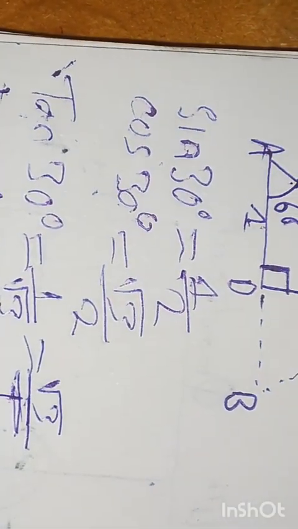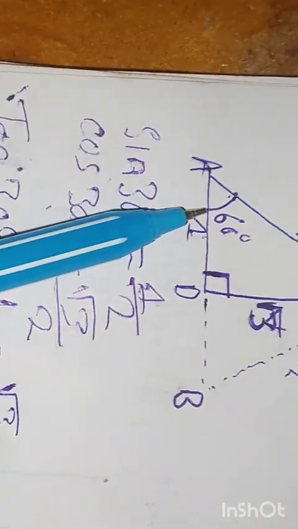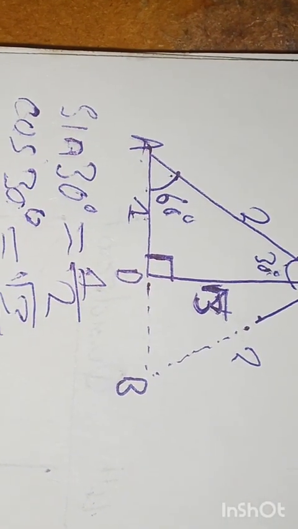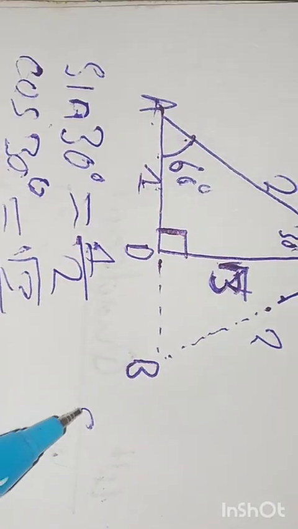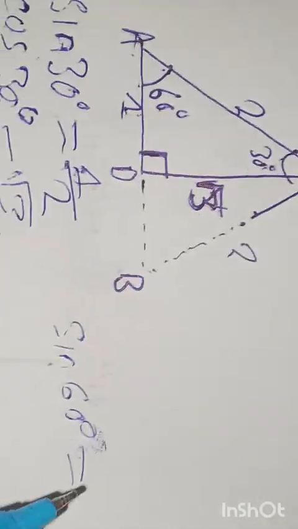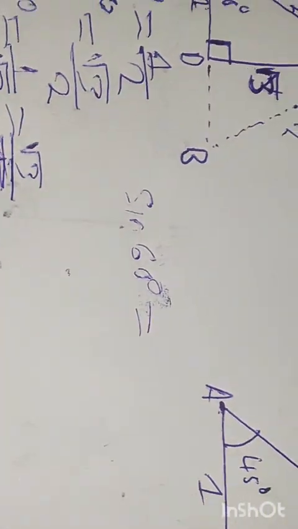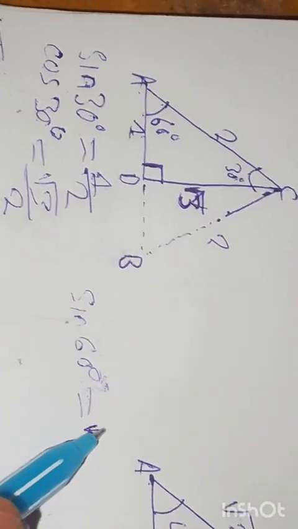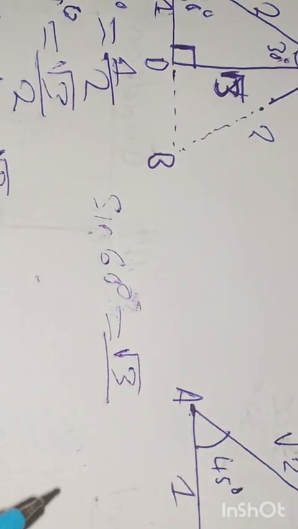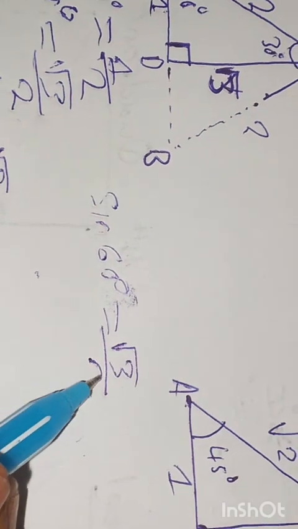Then we will now go to 60 degrees. So sin 60 degrees is equal to what? It's opposite over hypotenuse. Our opposite side is root of 3, and our hypotenuse is 2.